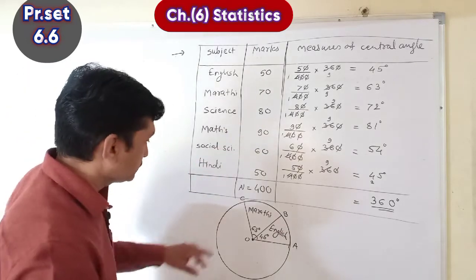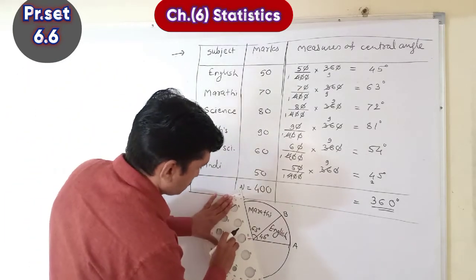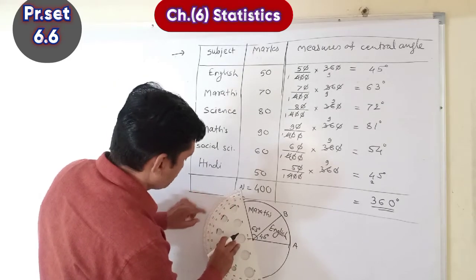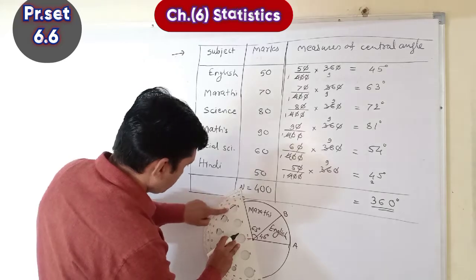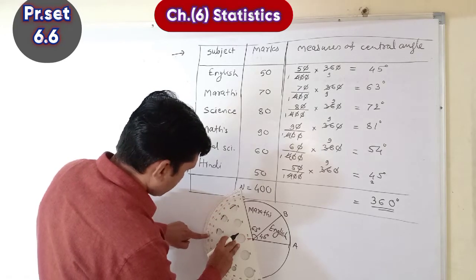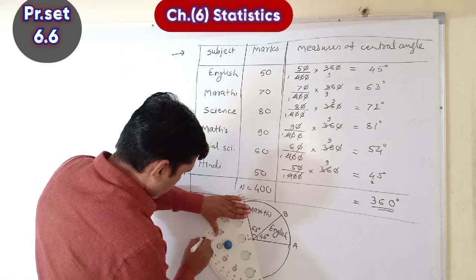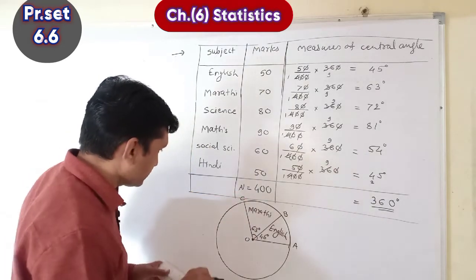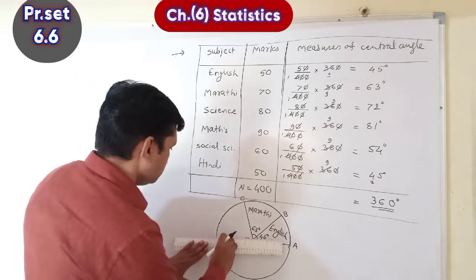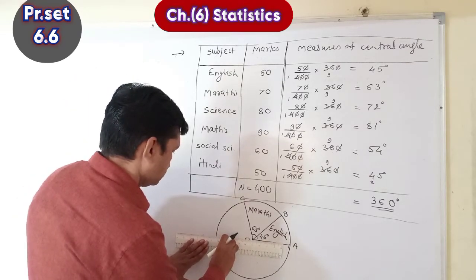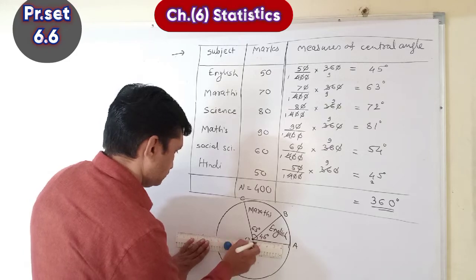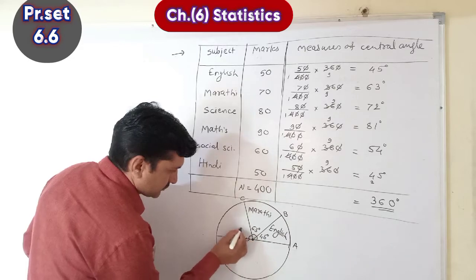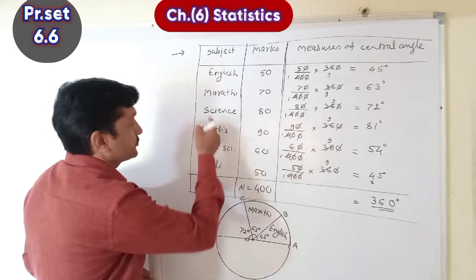Now 72 on OC you have to keep 72, this zero scale we have to say 70 is here, 71, 72 is here, 72 degree. Subject is science.